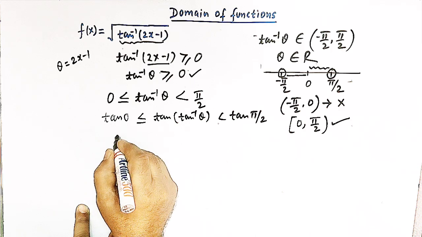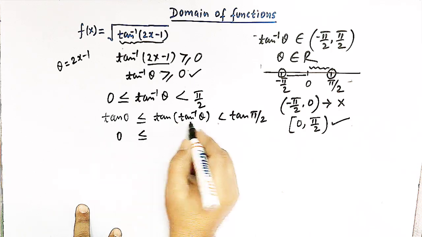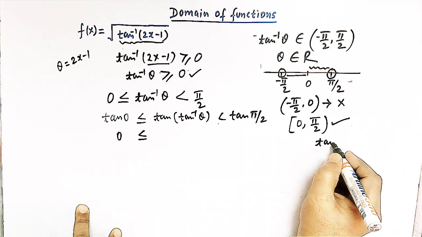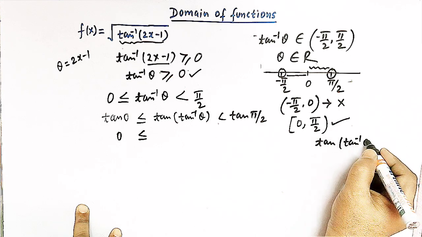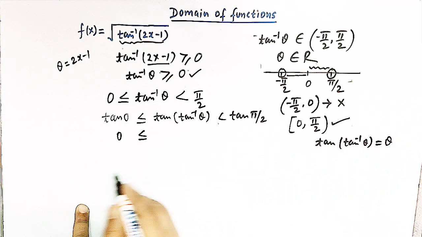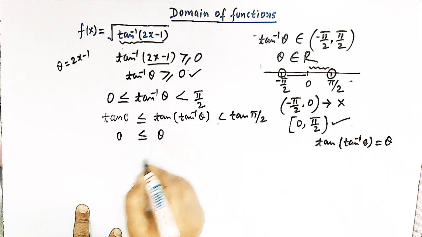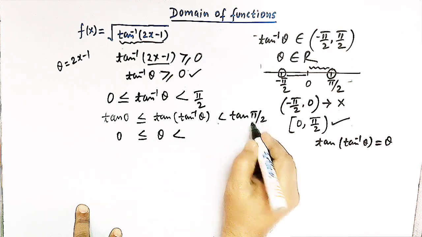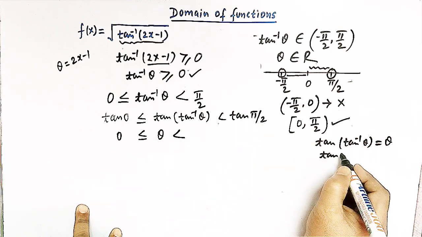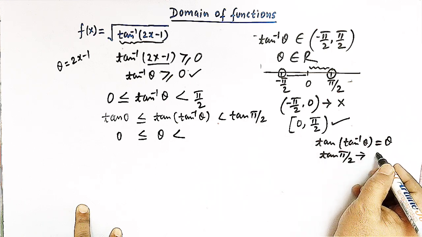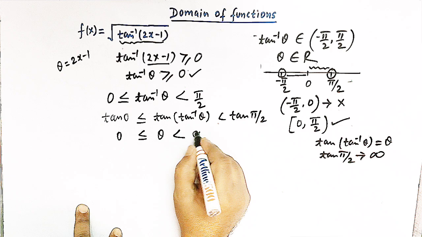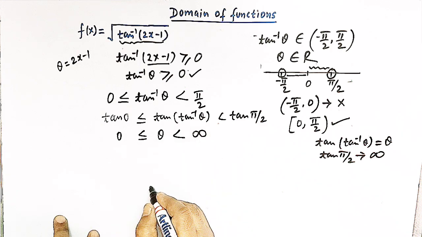Tan 0 is 0, tan inverse theta is equal to theta, and tan pi by 2 is not defined, that is, it tends to infinity.